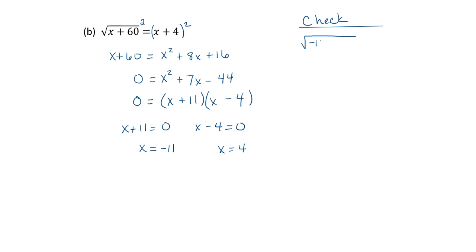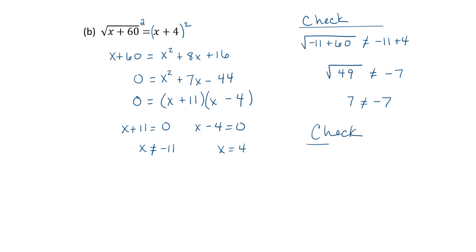Let's try the negative 11 first. This is going to be the square root of 49 equals a negative 7. And now the square root of 49 is 7. That does not equal negative 7. So that means x cannot equal negative 11.